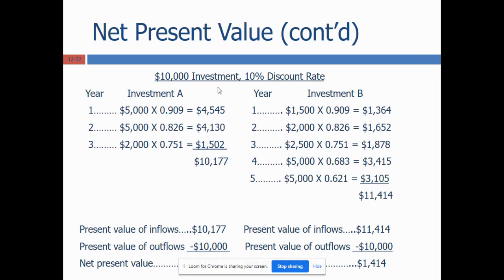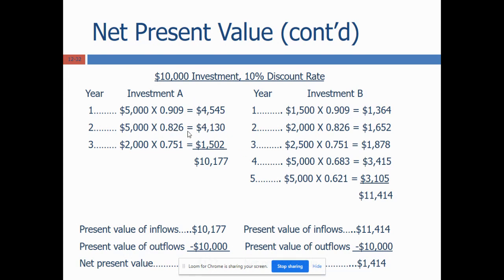If you can see over here for your NPV, same initial investment that you have to minus, but your present value is calculated using year one cash flow times the discount rate from, you can actually get this from your PV table, right? 10%, 0.901, so you get 4,445.